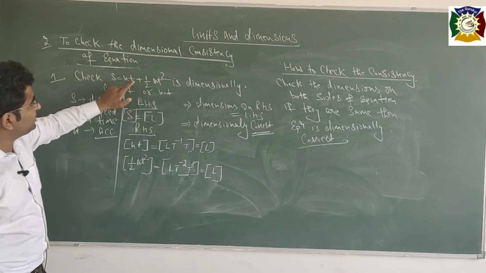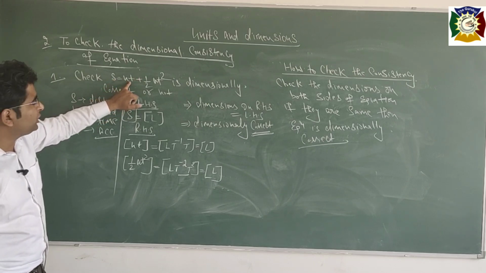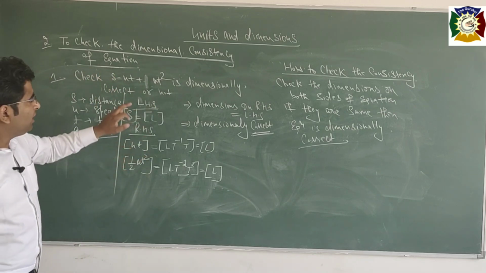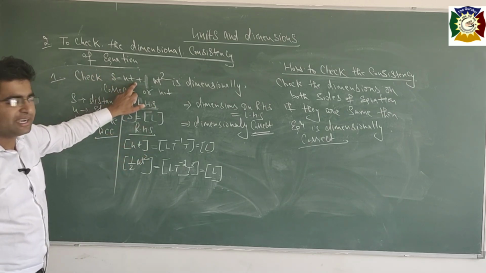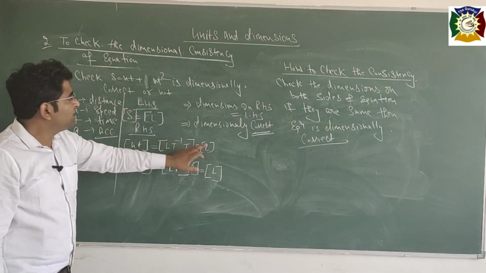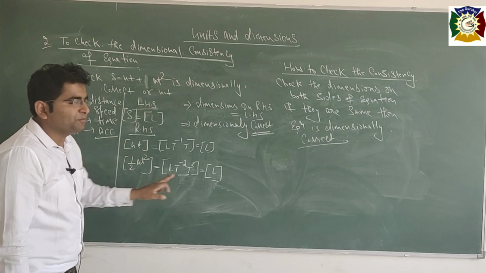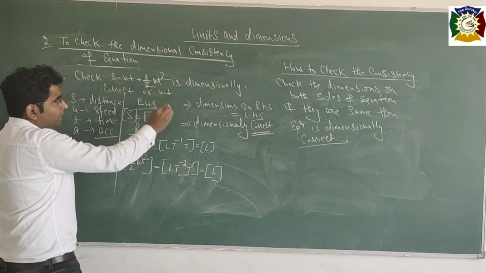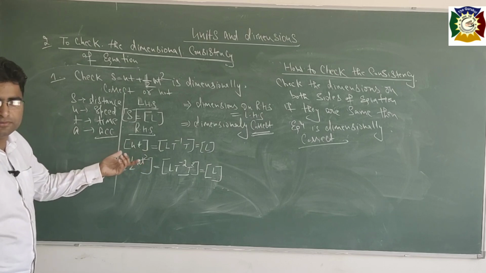If I write s equal to ut plus at square, if you calculate the dimensions, again dimensions will be L. ut has dimension L, at square has dimension also L. Clear? If I write 1 by 2, then again dimensions are same.